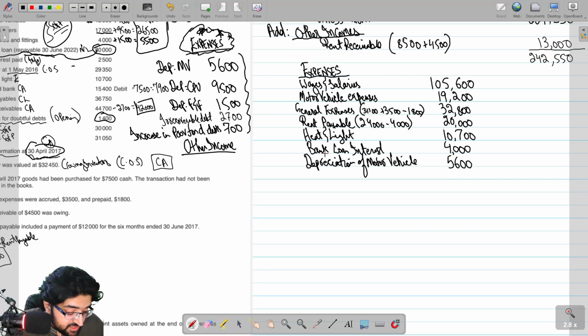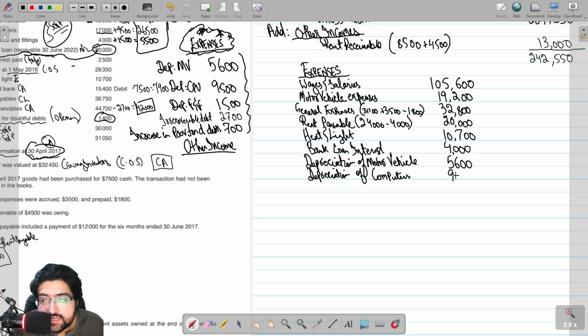Now depreciation of computers. I cannot write CPU or use shortcuts now. So computers 9500, and then depreciation of fixtures and fittings.